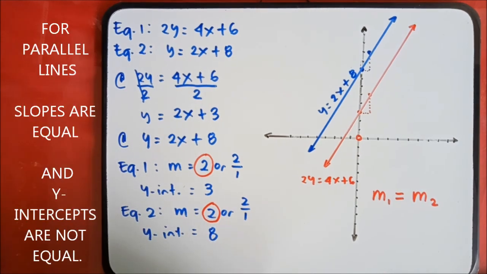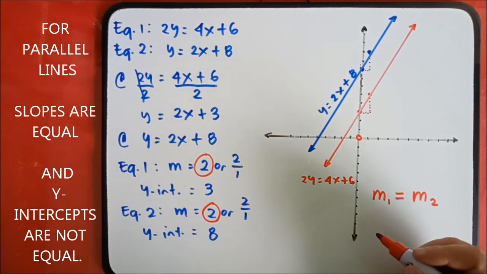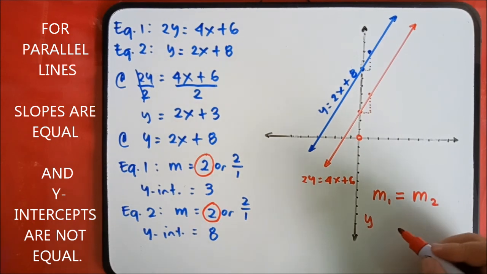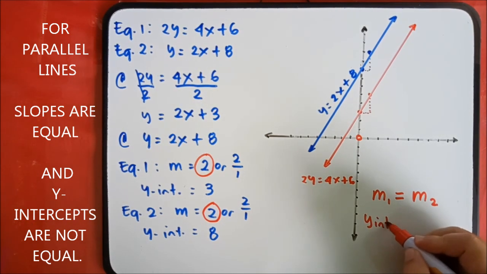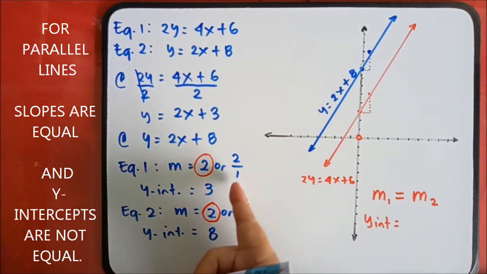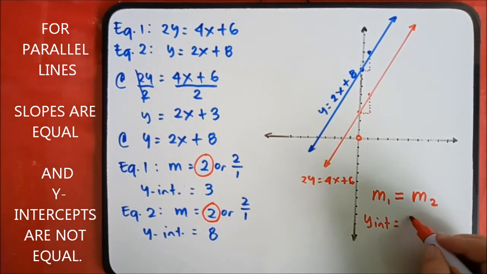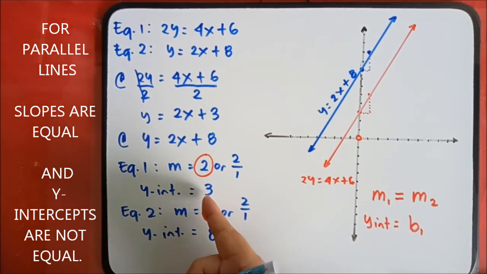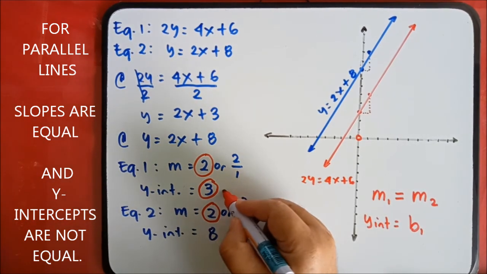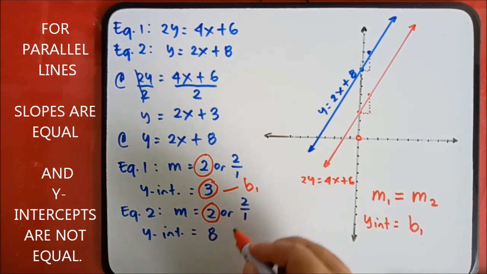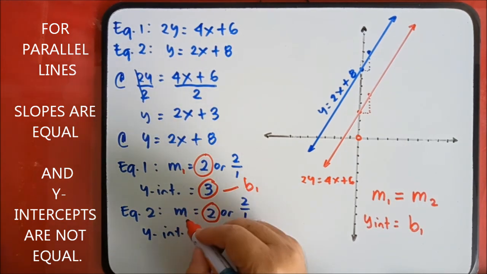Okay, what did you notice about the y-intercept? Okay, b sub 1, this is our b. This is m sub 1, m sub 2.